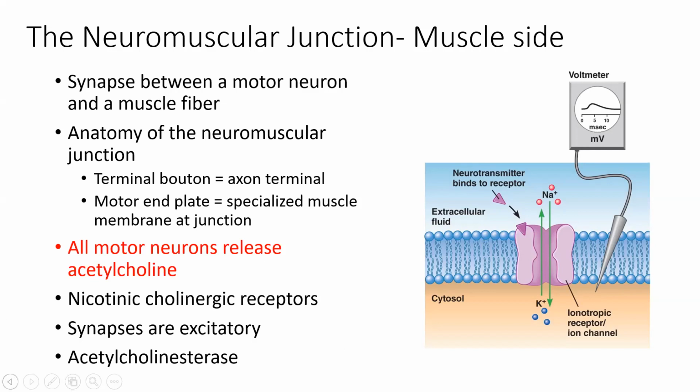And then we've also got the presence of acetylcholinesterase, which is important because it helps to clear the neuromuscular junction of any excess neurotransmitter, which will help to cease muscle contraction. This becomes even more important here at the neuromuscular junction.